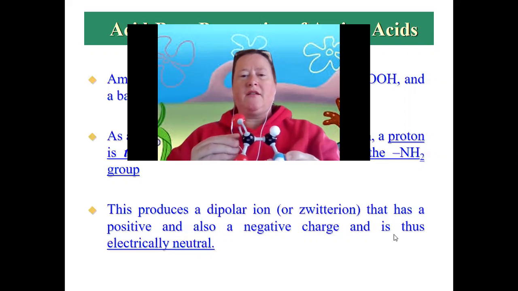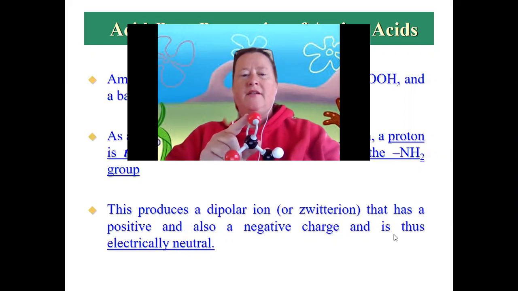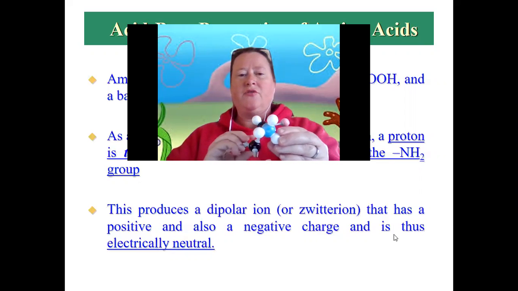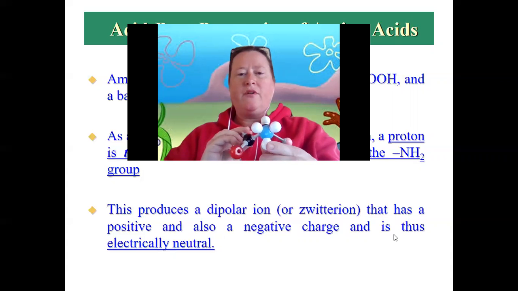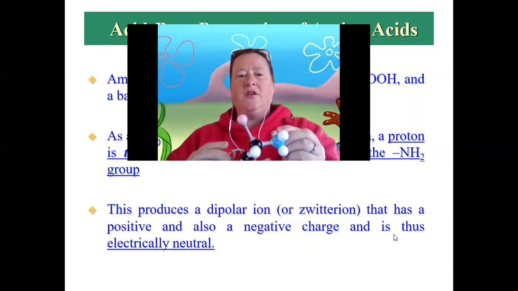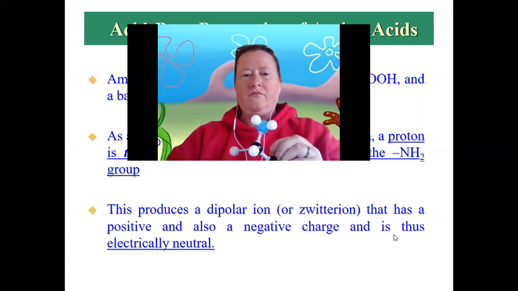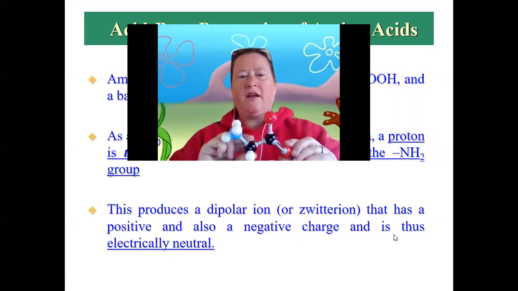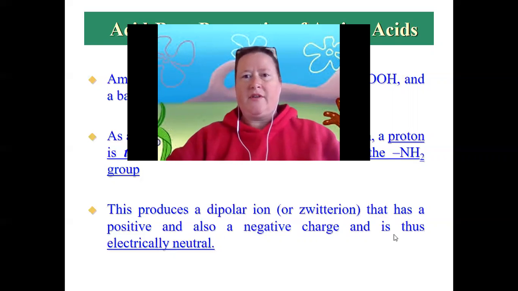You'll notice that my carboxyl group is showing a COO with a negative charge, so that is the carboxylate ion there. And then rather than NH2, in this zwitterion form, I have the NH3, which will have a positive charge. So I thought that visual might help a little bit better than just reading the words off of the screen.